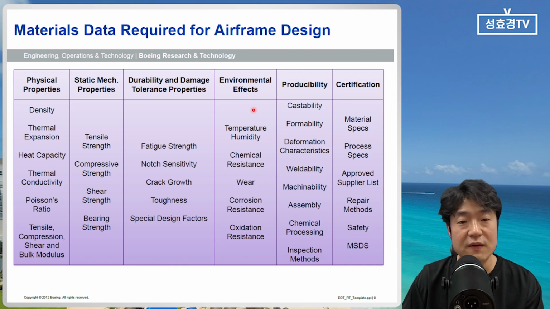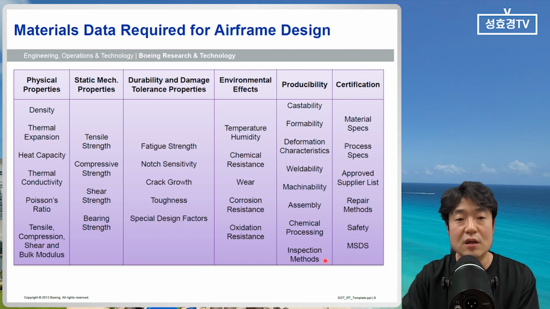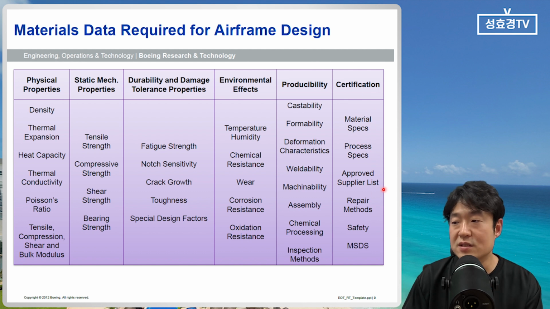So the environmental effects are very important. And producibility: castability, formability, and deformation characteristics. Weldability is also important, as are machinability, assembly, chemical processing, and inspection methods. Inspection usually means non-destructive inspection. And certifications: the material specs, the process specs, and other things, like an approved suppliers list.